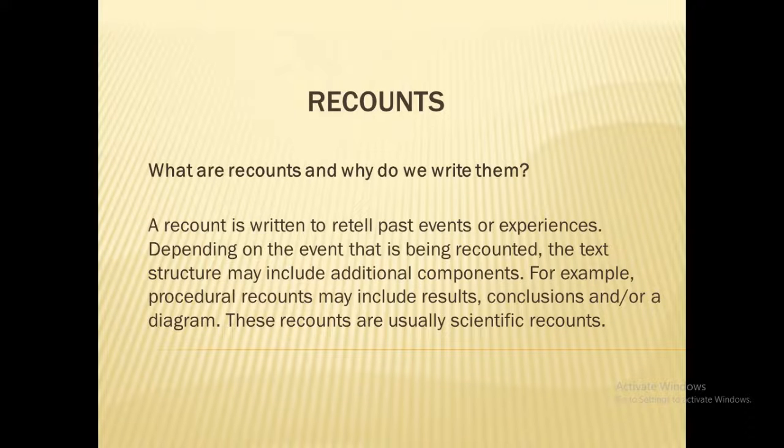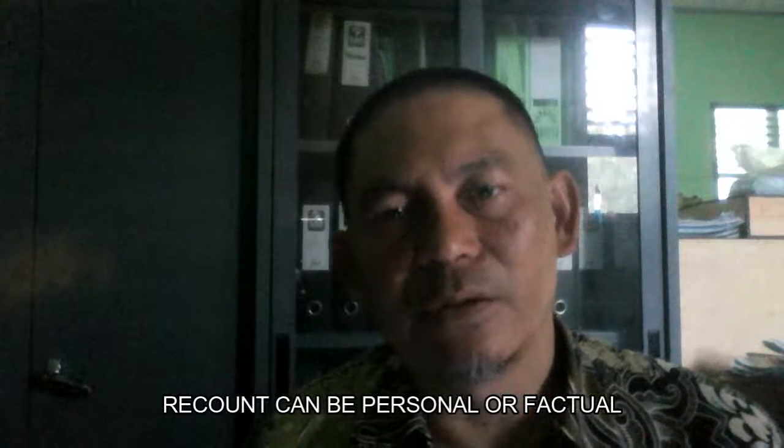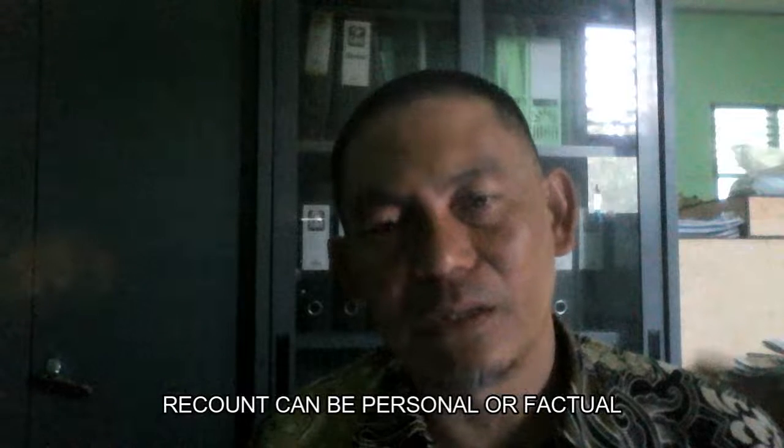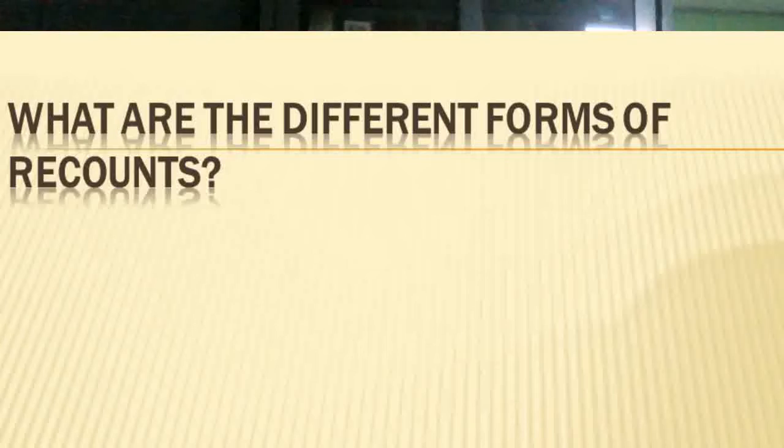These recounts are usually scientific recounts, which are usually factual recounts. The other kind of recount, besides the factual recount, is the personal recount. A recount can be personal or factual, like a scientific or procedural recount.